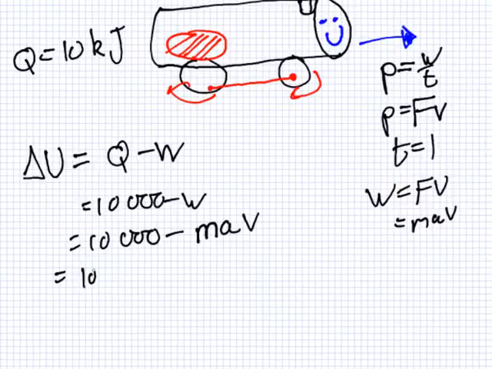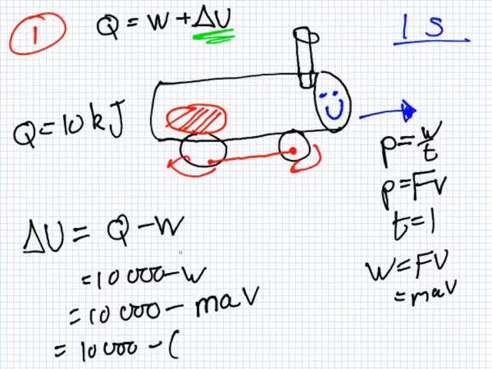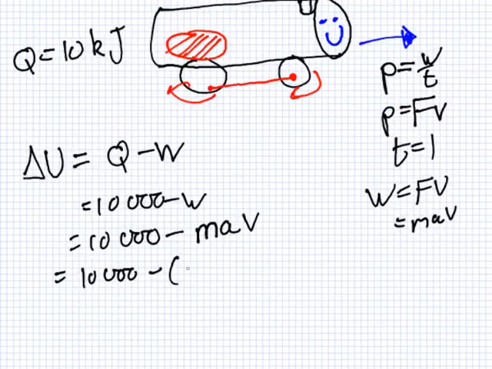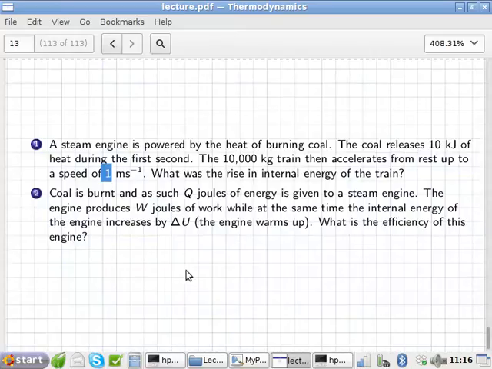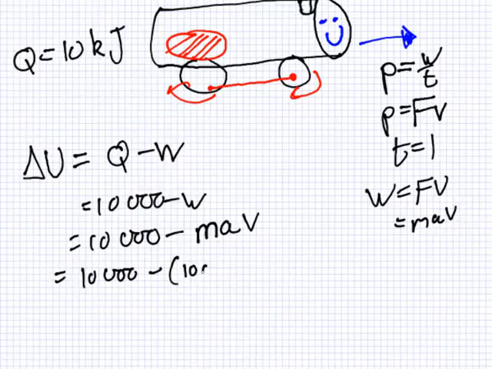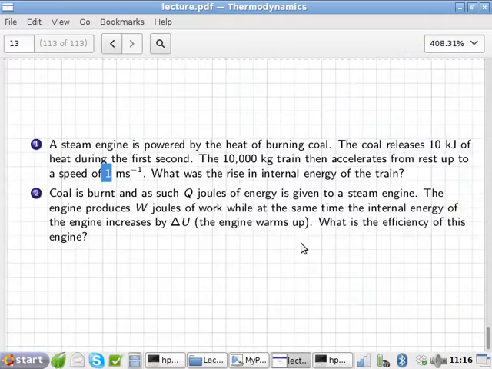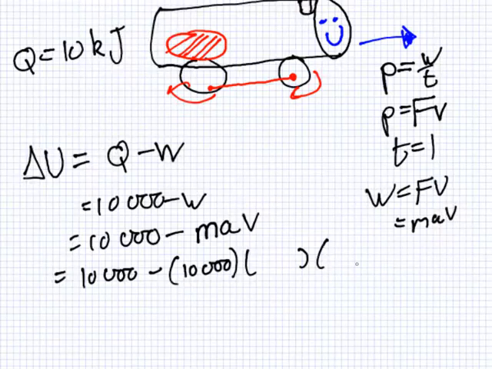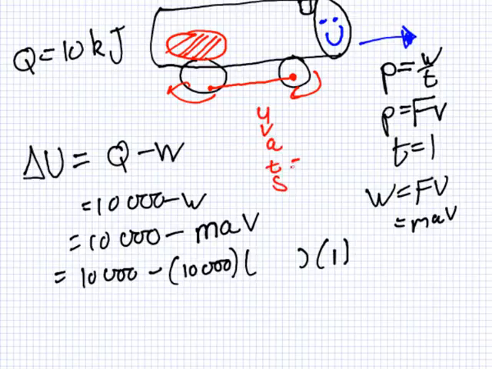Okay. The M is... I lost it. What was my M? 10,000. And what's my V? 1. Okay. So what is my A? We have to get the A. We can use SUVAT to get the A. The T is 1.